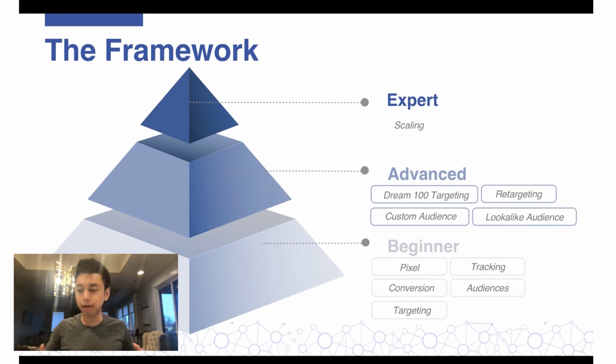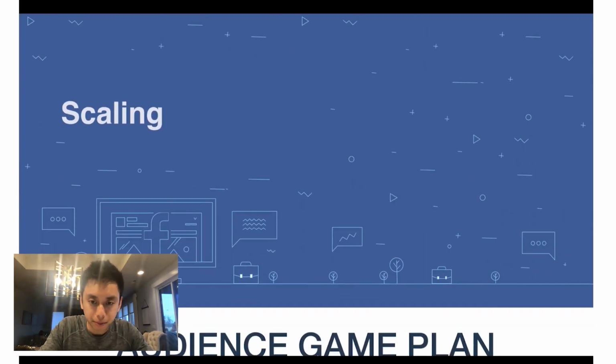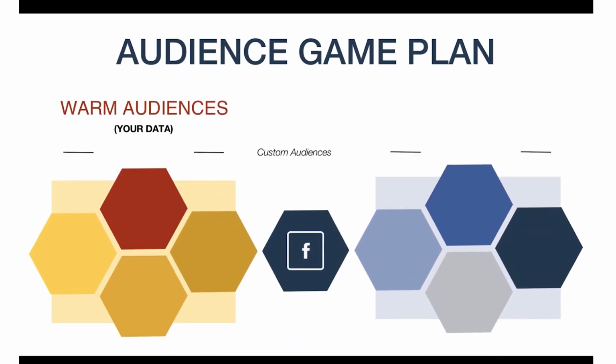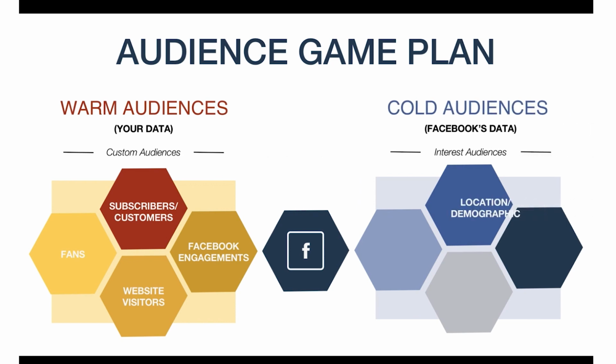Now scaling itself, this is where I could literally spend a 3-day workshop. I'll probably leave the in-depth stuff for other videos. But to give you an overview on scaling, this is the overview. The game plan: remember there are cold audiences and warm audiences. On the left-hand side, warm audiences are based on your data, people who know you.